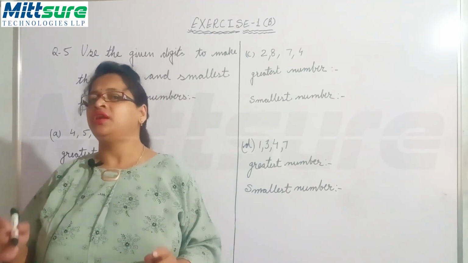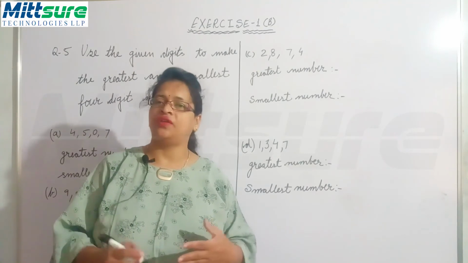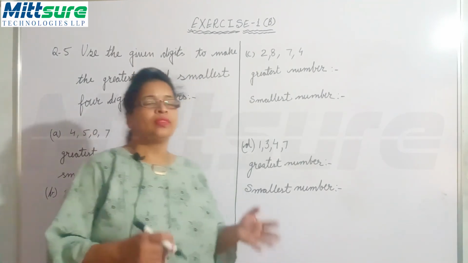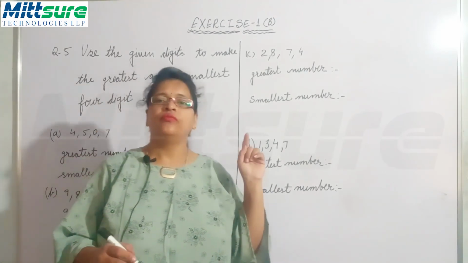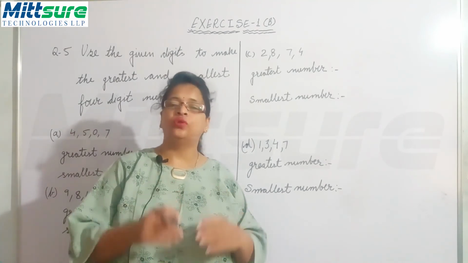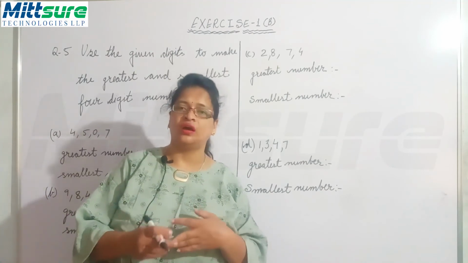And when making the smallest number, we arrange the digits in ascending order. And if 0 is given, we put the 0 after the first digit to make the smallest number.